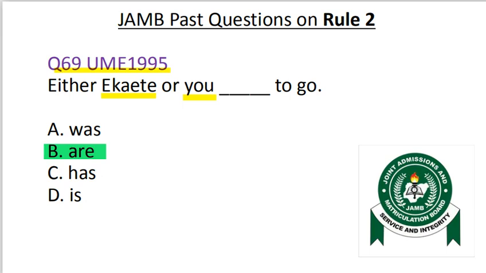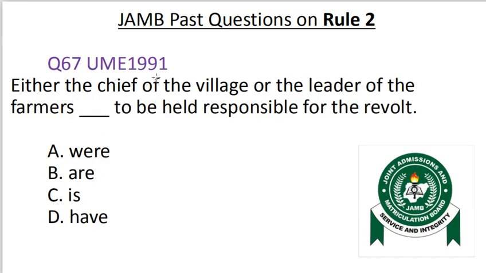The next question is question 67, UME 1991. Either the chief of the village or the leader of the farmers dash to be held responsible for the revolt. A, where. B, are. C, is. D, have.